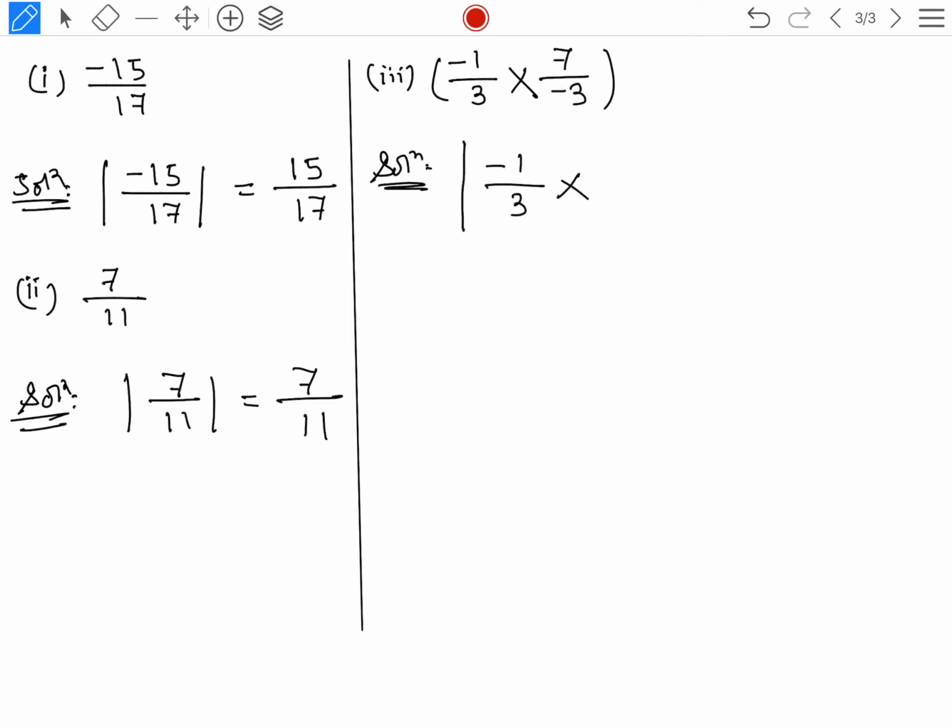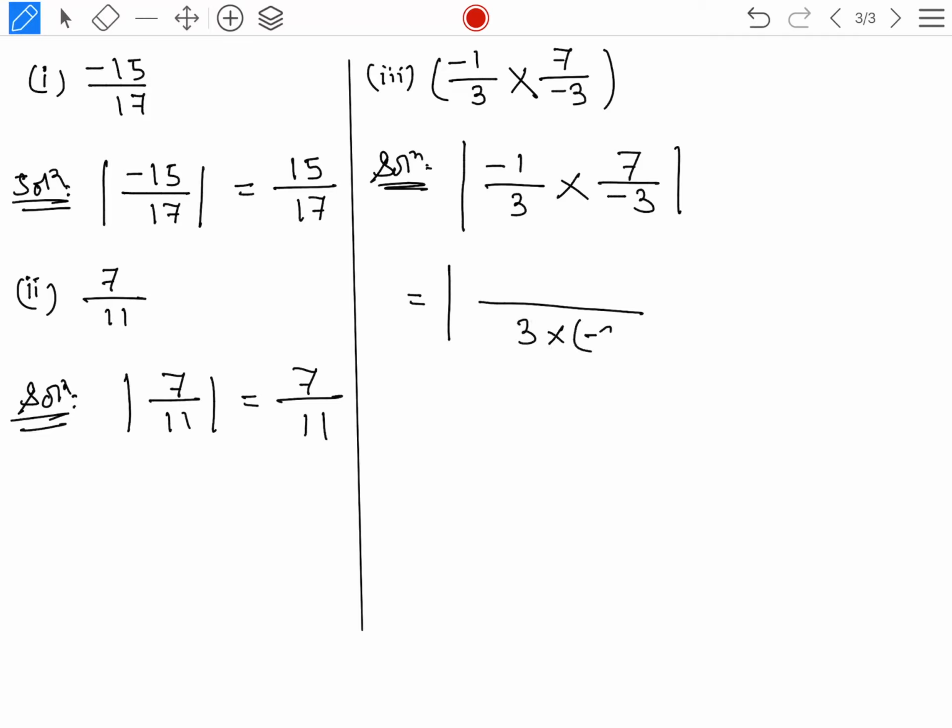Okay, minus 1 by 3 into 7 by minus 3. It is nothing but a multiplication of fractions. Fractions you have already learned, yes or no? In multiplication of fractions, what do we do? Multiply numerator into numerator and denominator into denominator, yes or no?